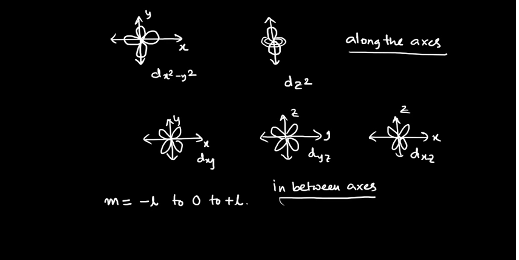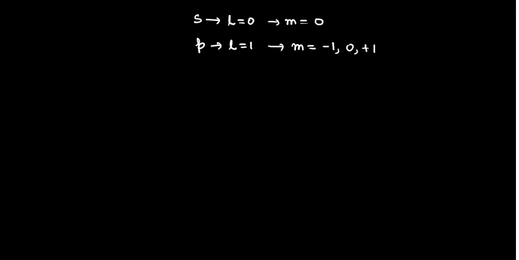Got the point? So, if we consider the S subshell, l is equal to 0, so what is the value of m? m is also equal to 0. For the P subshell, the value of l is 1, so the possible values of m are minus 1, 0, plus 1. So there are 3 possible values.